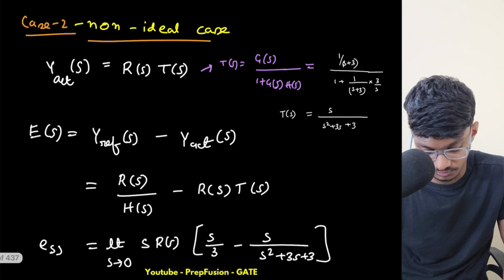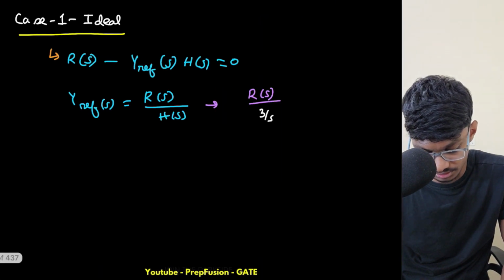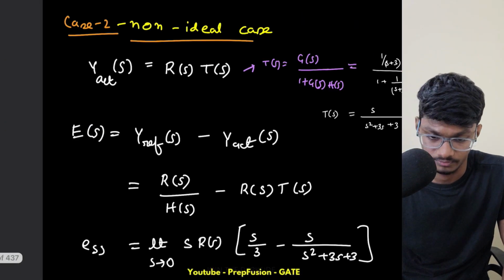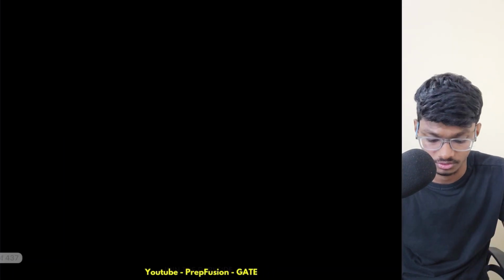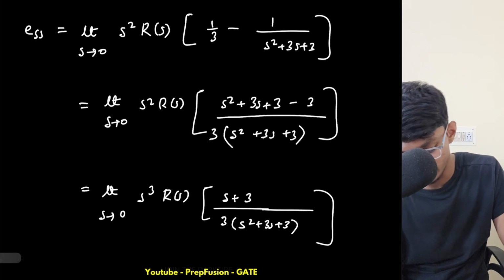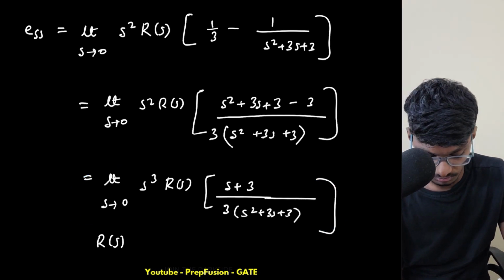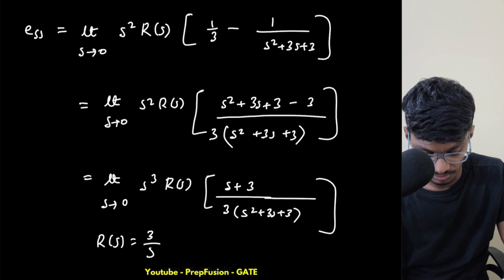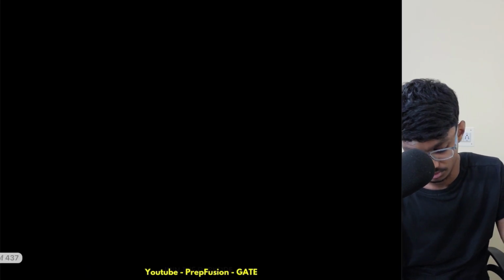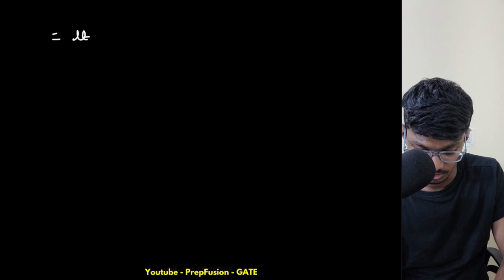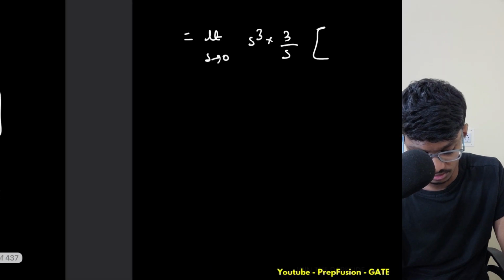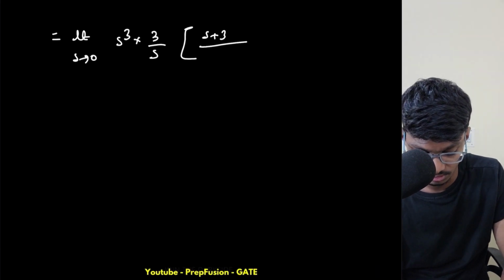R of s is 3 u of t. So r of t is 3 u of t, so r of s will be 3 by s. So even if you put 0 here, limit as s tends to 0, s cube into 3 by s, and this is simply s plus 3 divided by 3.